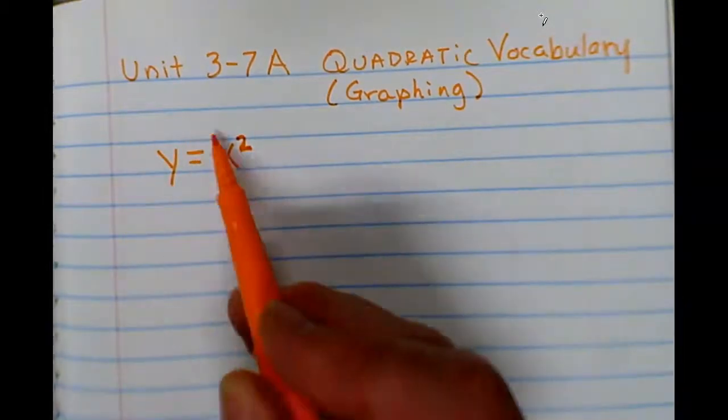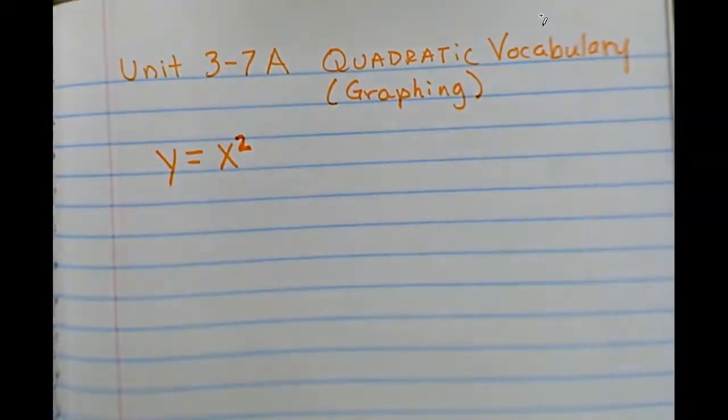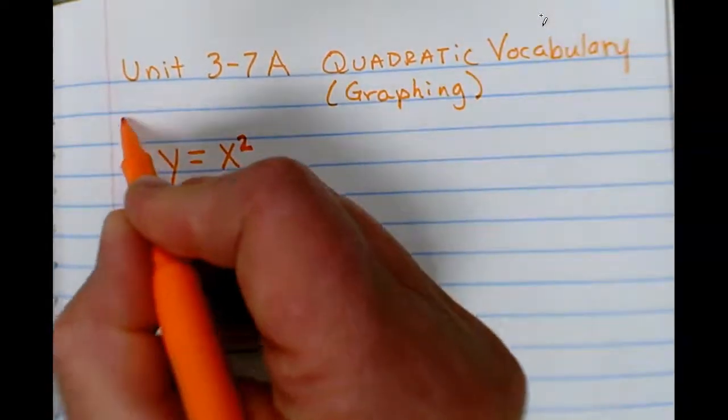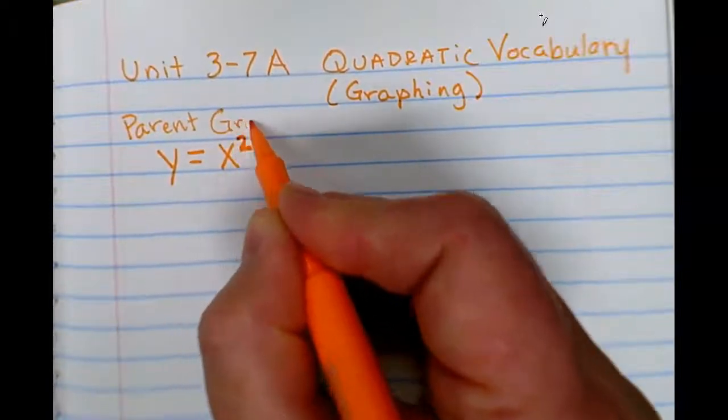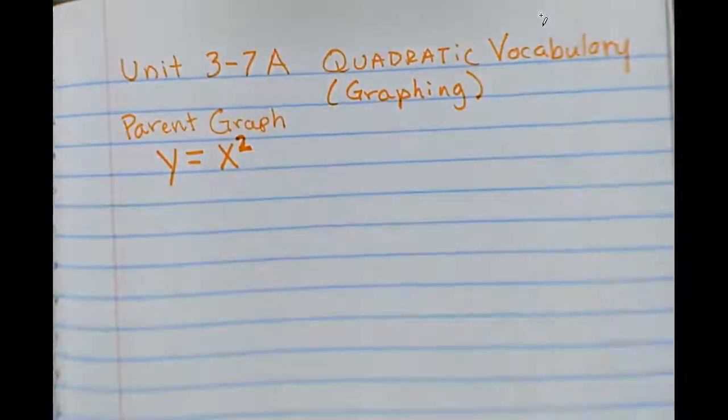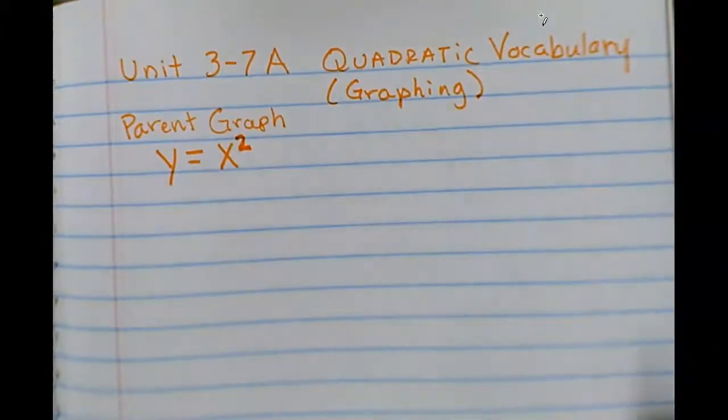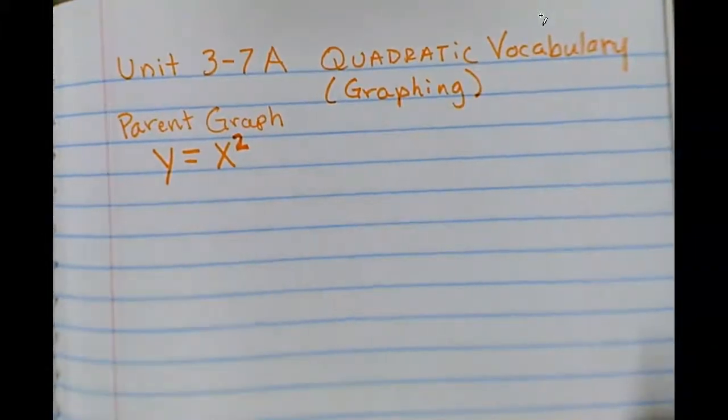And this is the simplest of all quadratics, and the simplest of all quadratics is called the parent graph. This is the parent graph for a quadratic. Well, what's it going to look like?